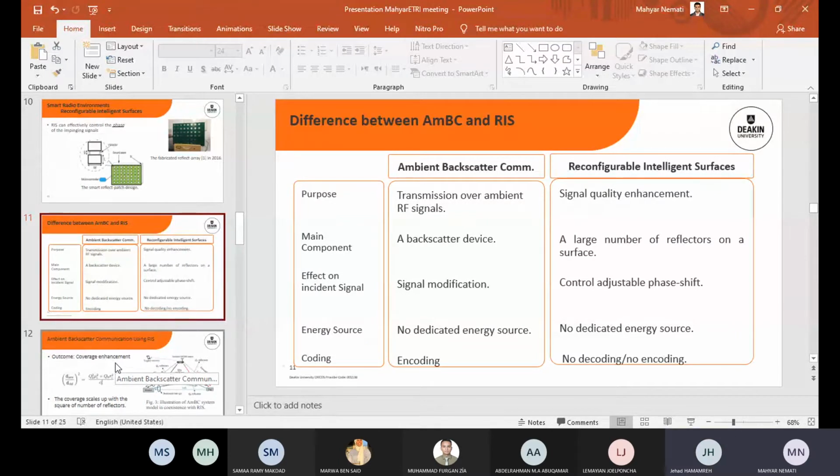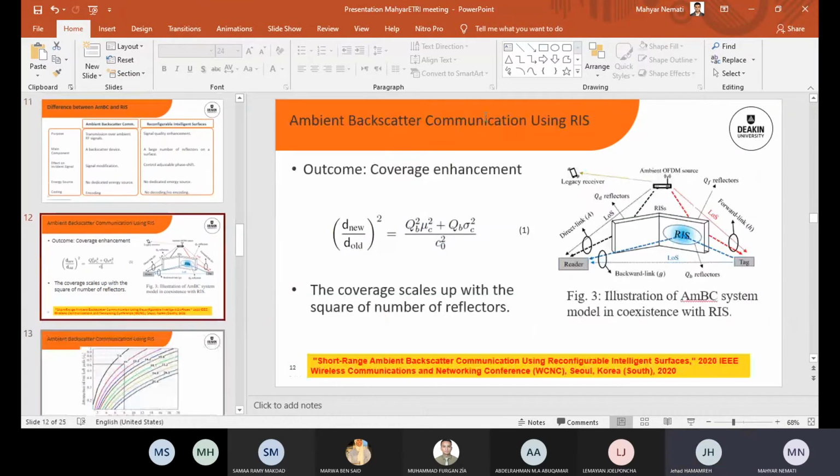Now back to the challenges I mentioned in the previous slides for ambient backscatter communication. One of them was the communication range. Usually these technologies need very short range communication, around 10 centimeters up to 1 meter.